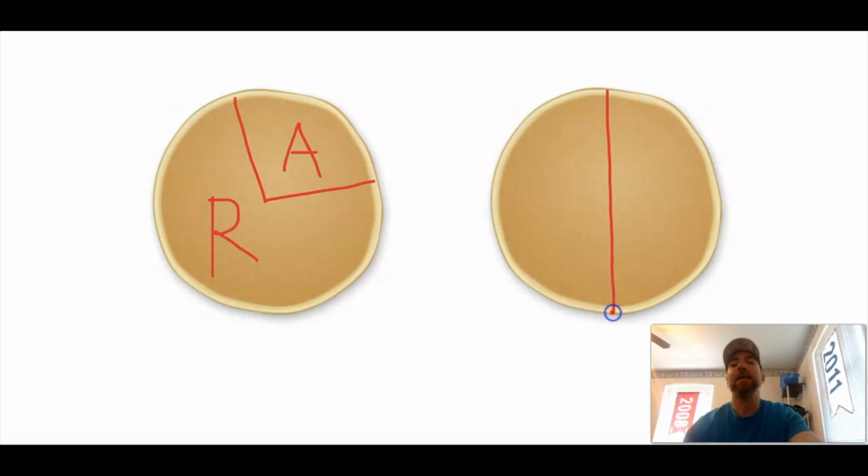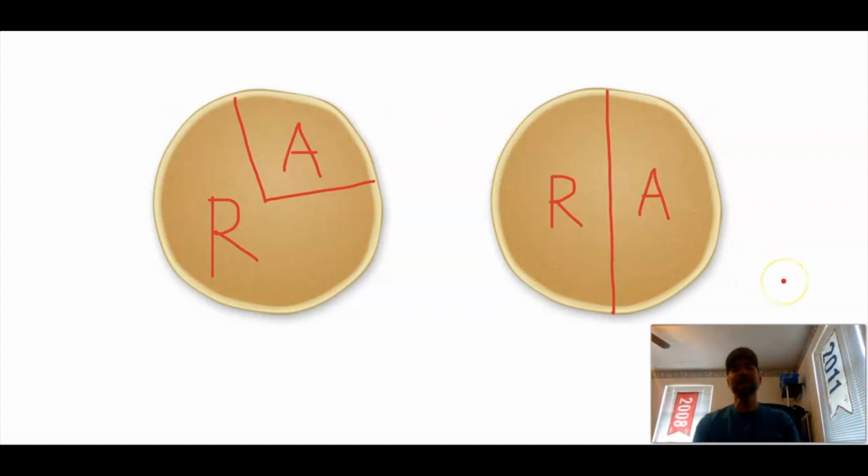Are they broken up into two equal pieces? Mr. Renzi's going to get this piece, and Mrs. Attardi's going to get this piece. What do you think that time? Well, they are broken up into two equal pieces. They are partitioned into two equal pieces, and each piece has a special name.